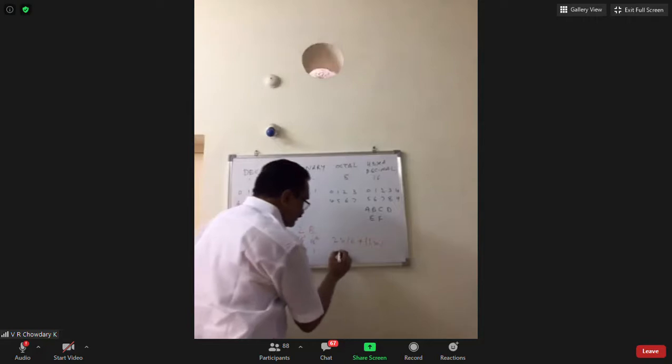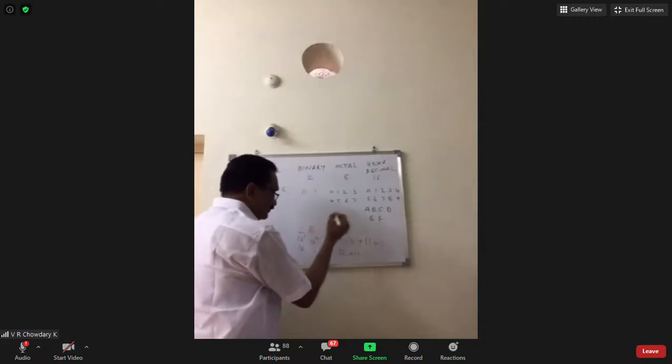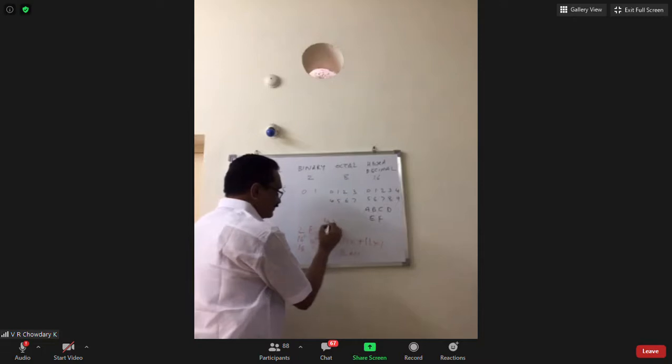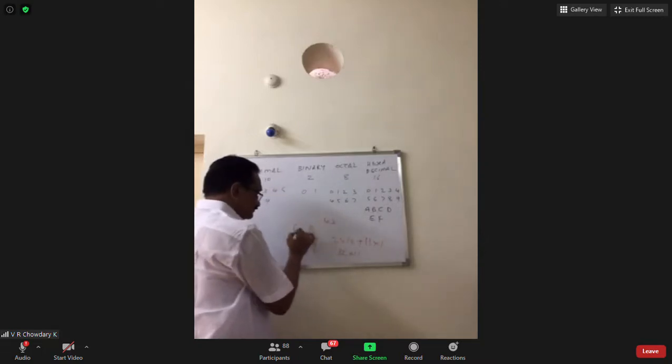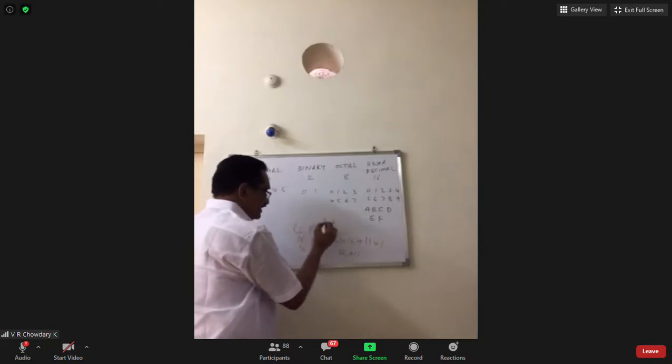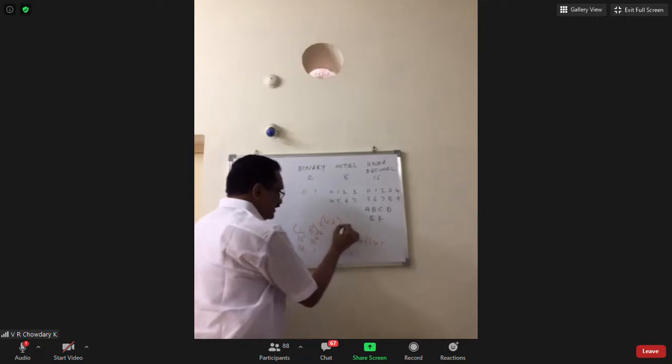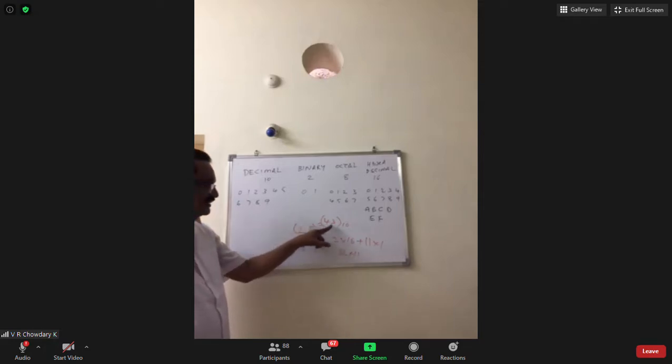It is equal to 32 plus 11, which is 43. So for the hexadecimal number 2B, the equivalent decimal number is 43.